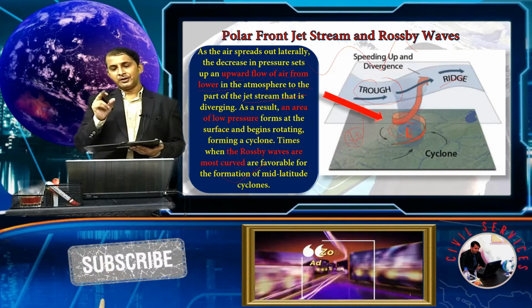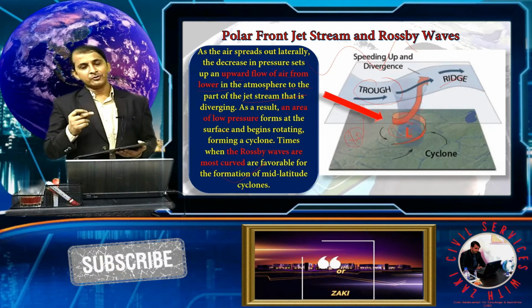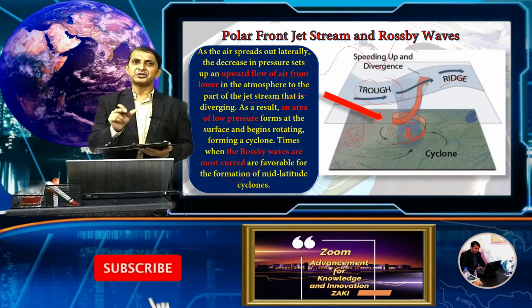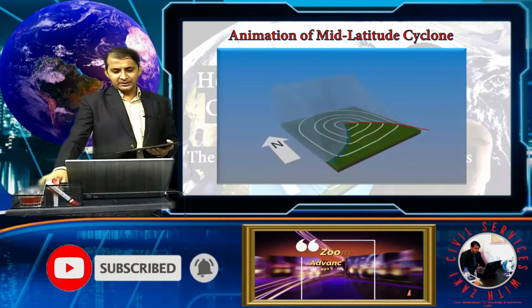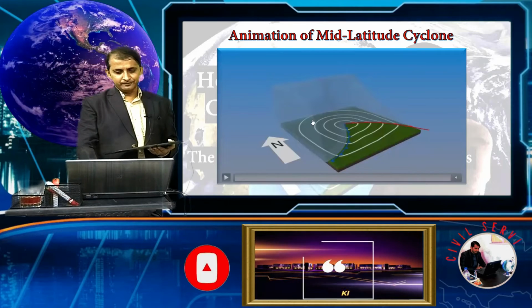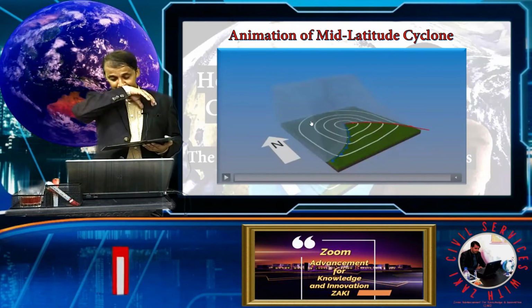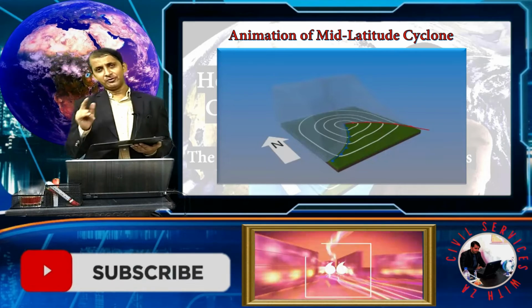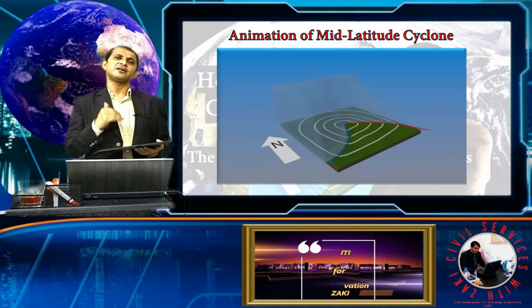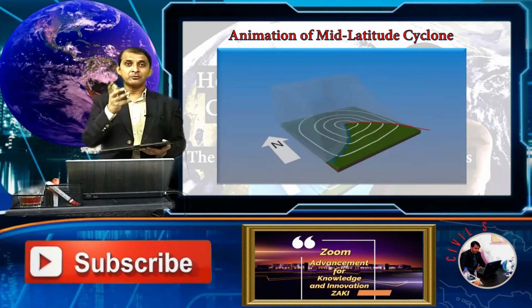So today we also provide you an animation. See this animation. This animation is related to how the mid-latitude cyclone forms. Basically, mid-latitude cyclones generate like the occluded front.